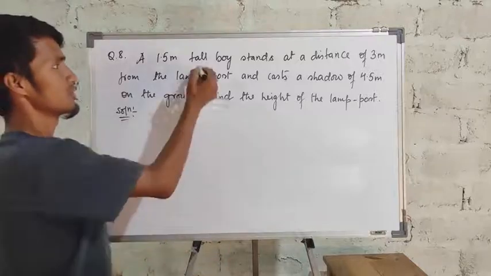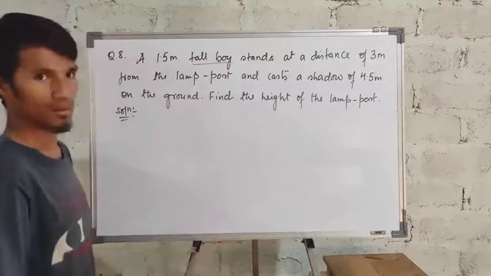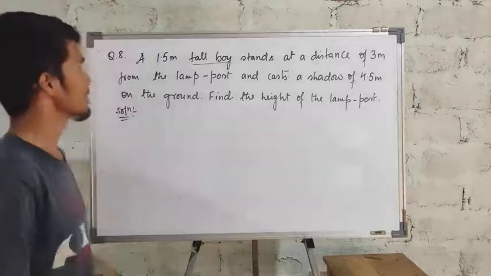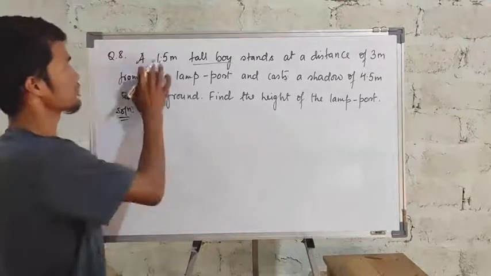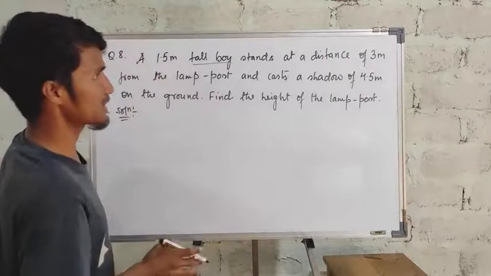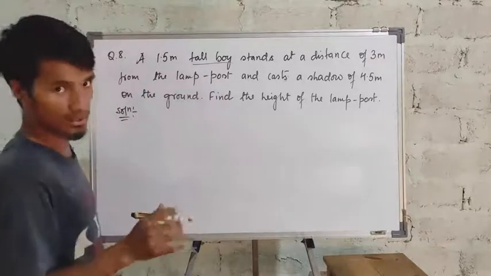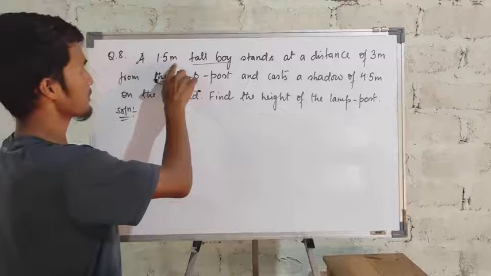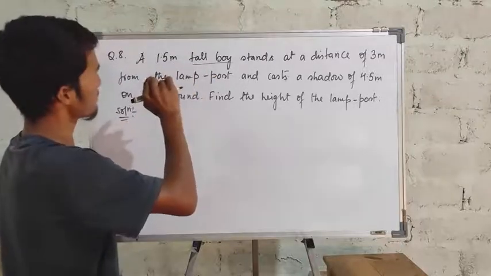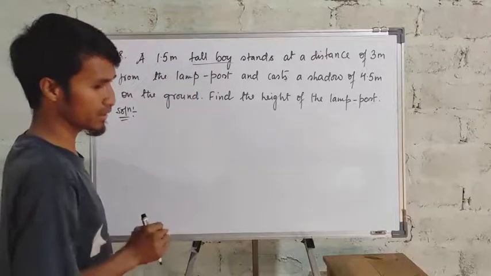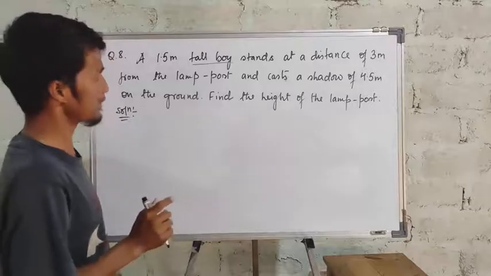Now, the question is: a 1.5 meter tall boy stands at a distance of 3 meter from the lamp post. First, we need to understand the question and draw the diagram. 1.5 meter. Where will he stand? He will stand on the ground.